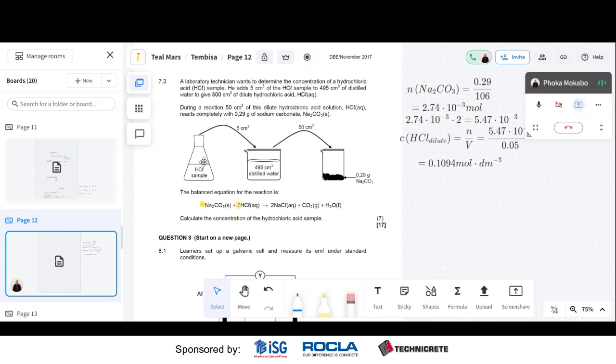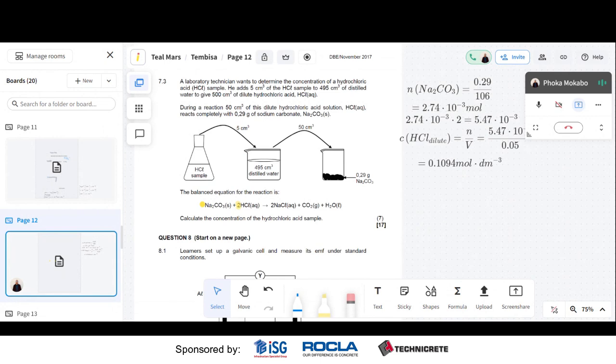So what we then do is we say, well, the number of moles of the non-dilute sample should be the exact same as the number of moles of the dilute sample, because all that changes is the fact that you add water to it.